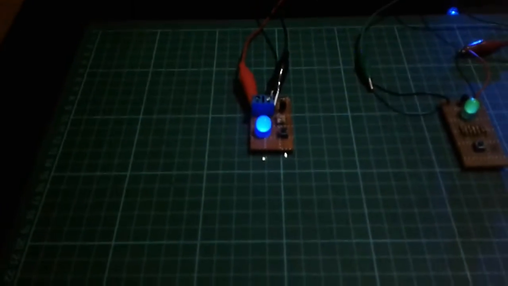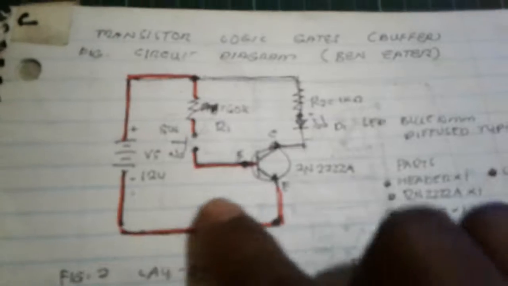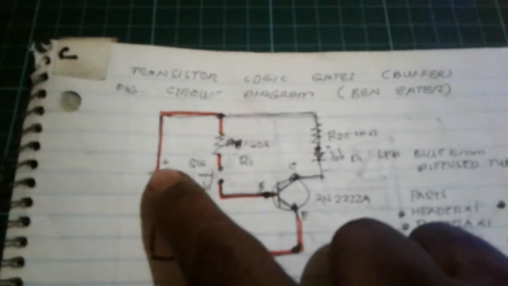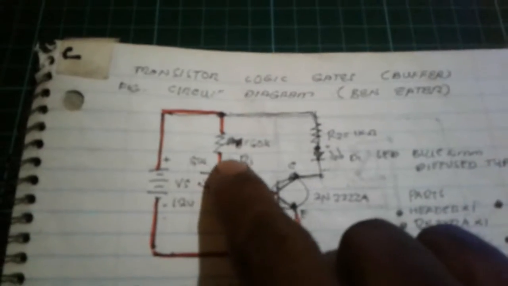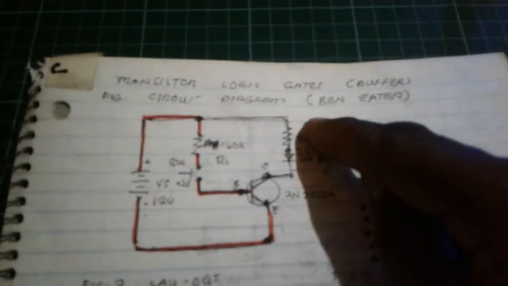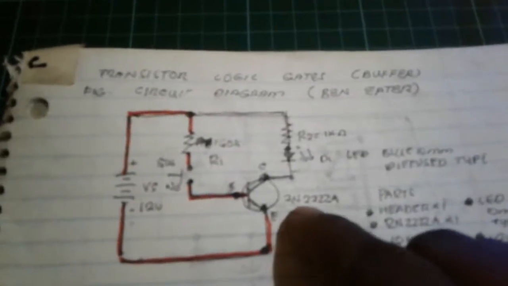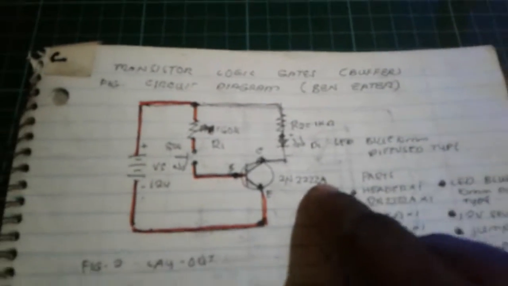This is my old project. So we have a 12 volt supply here and a resistor, push button, transistor, resistor, LED. I'm using a 2N2222A transistor here.